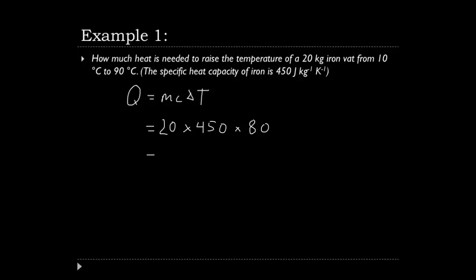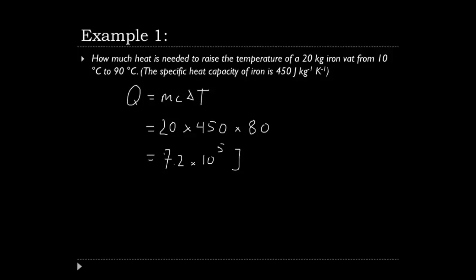And so our heat required is going to be 20 times 450 times 80, which is 7.2 times 10 to the 5 joules. Okay, and just double check our significant figures. It should be 2, because 20 and 10 and 90 are all to 2 significant figures.